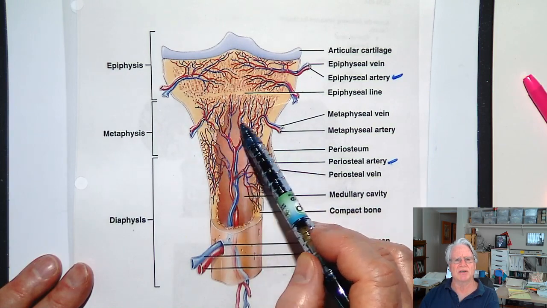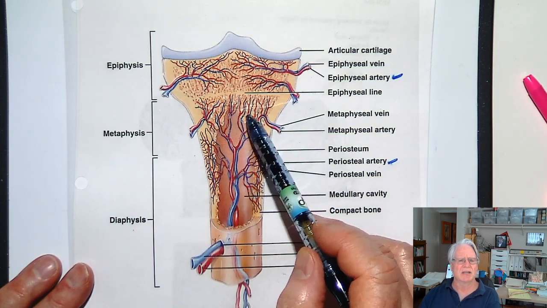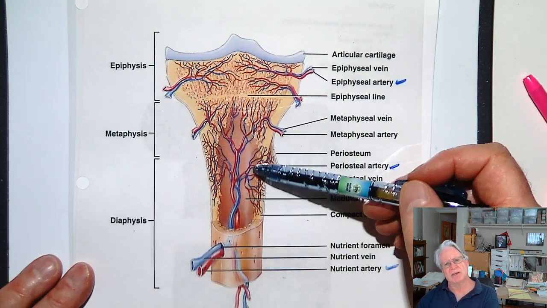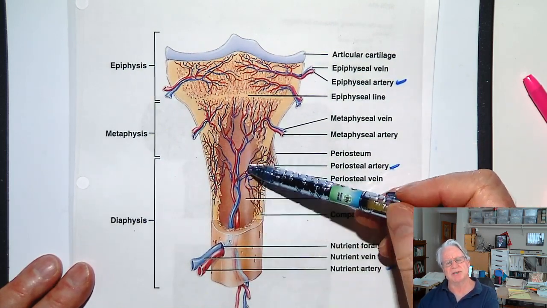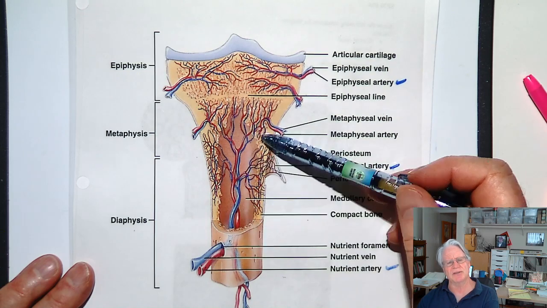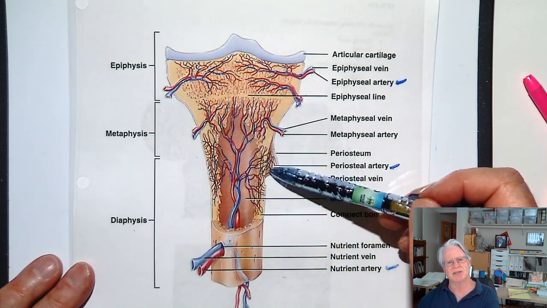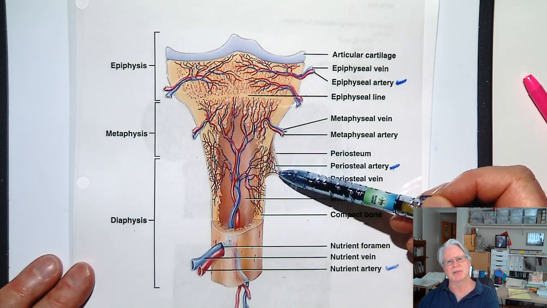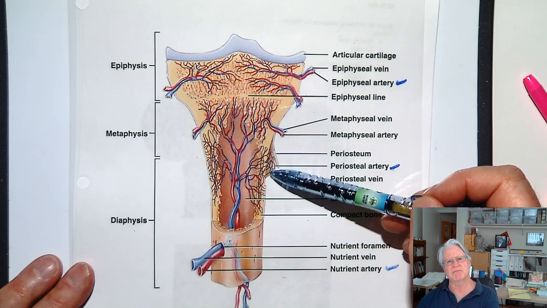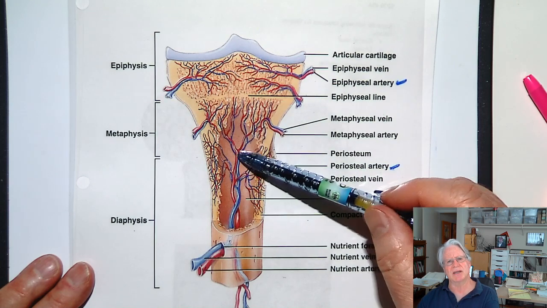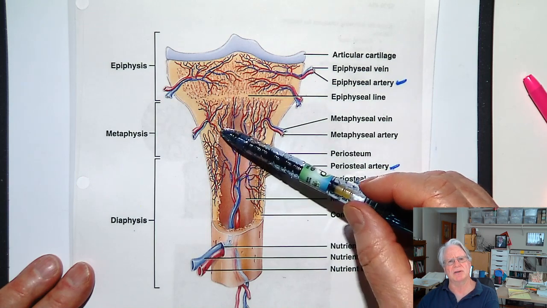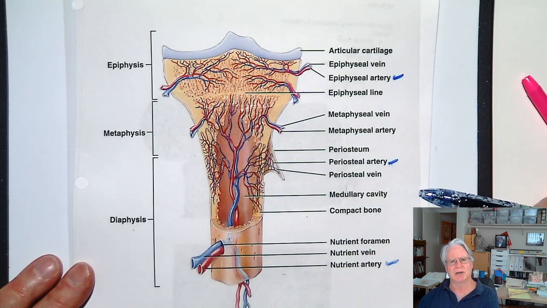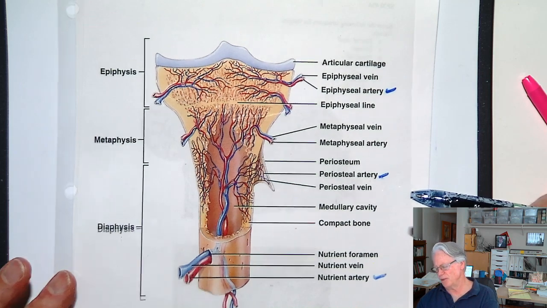And then the nutrient artery is supplying all of the shaft, also extending through the bone and ending up in the periosteum, and also up into the metaphysis as well. So that's our coverage in terms of the blood supply.